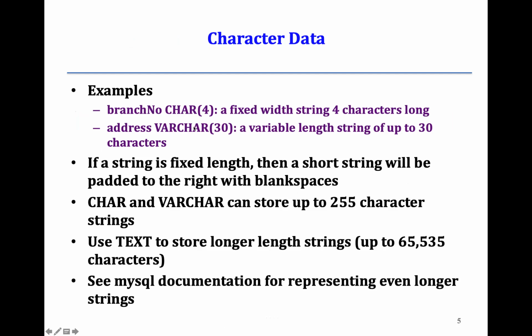Varchar, by contrast, will allocate an exact length string for that field. So if it's a 10 character value, it will get exactly 10 characters rather than 30. So 30 simply puts an upper bound on the size of the string.